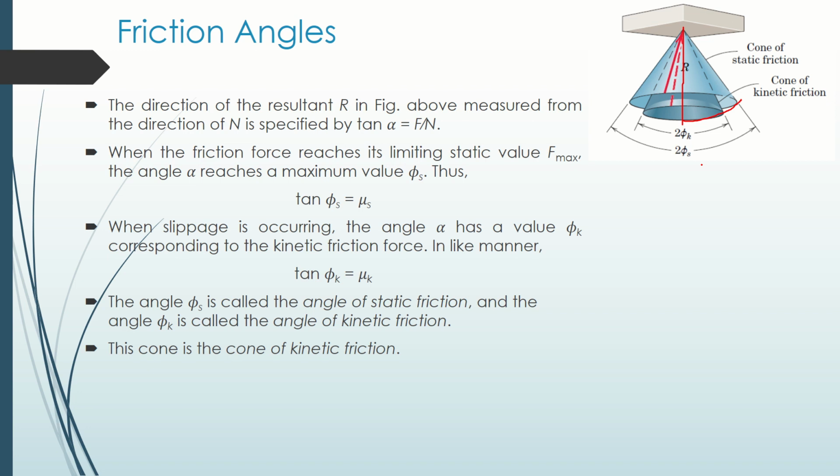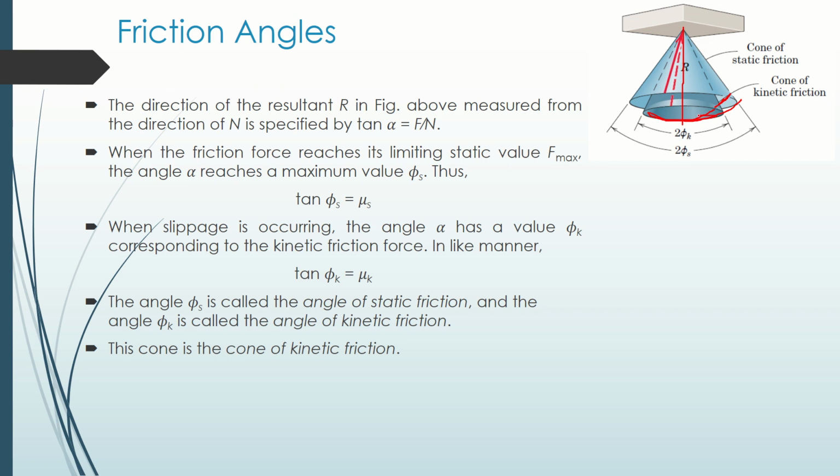And when you take this surface and you revolve around this axis, you will get a 2 phi s angle or cone. Now, why is this cone important? You have to understand, your coefficient will only vary between mu k and mu s when you are in a static condition, till this region. Beyond this region, everything is in motion.